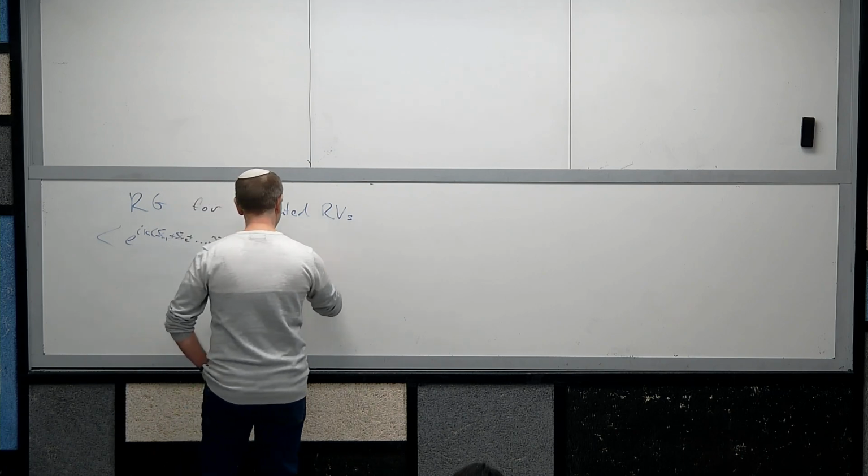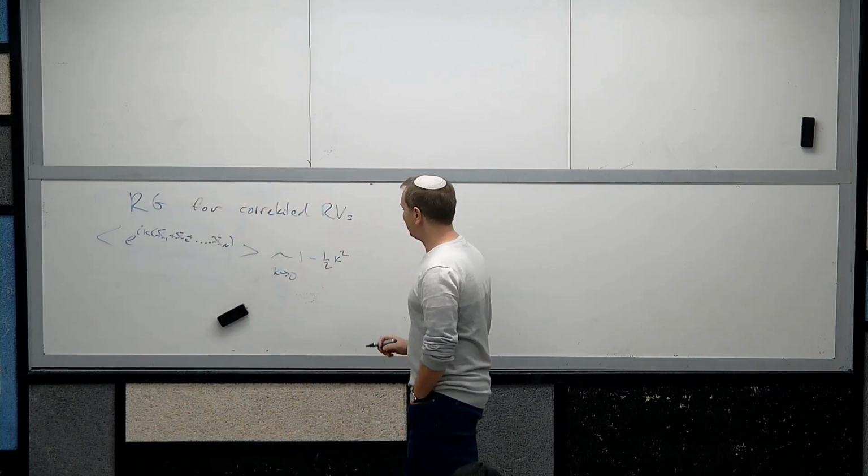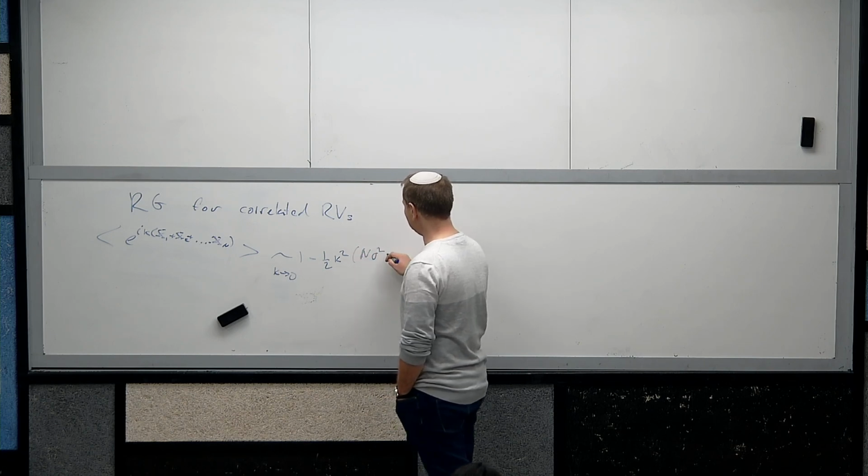And the expansion gave us the following. It was 1 minus 1/2 k squared. And here we have n sigma squared plus something.